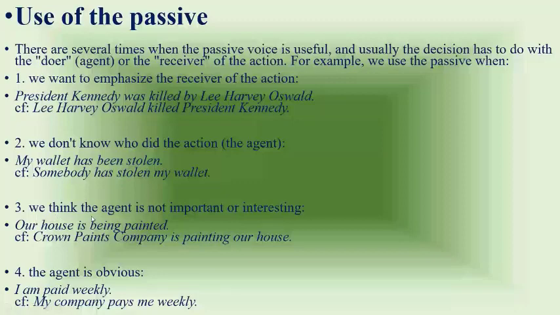Third, when we think the agent is not important or interesting. The agent here, the doer, is not important. Our house is being painted. So the important thing is that our house was painted, to become a clean and beautiful house.